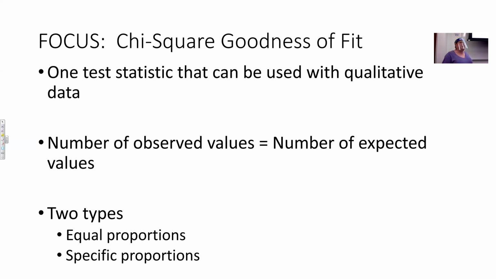It could be your gut instinct, what you think it should be. Okay, so those are the two different types. The process is pretty much the same in terms of the setup. The command in Minitab changes slightly with the different types. And so you'll have to know whether you have equal proportions or specific proportions.